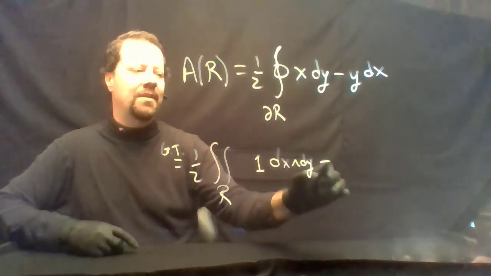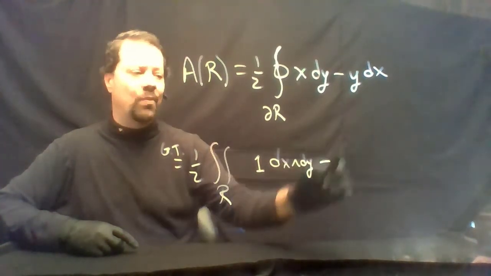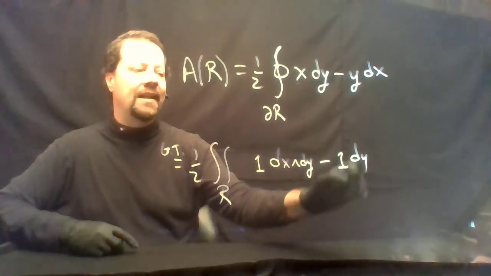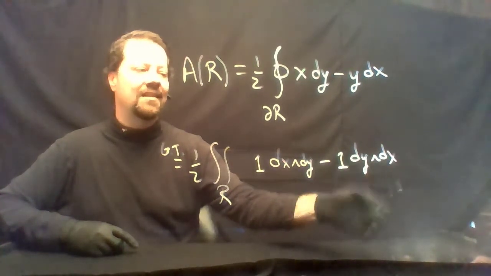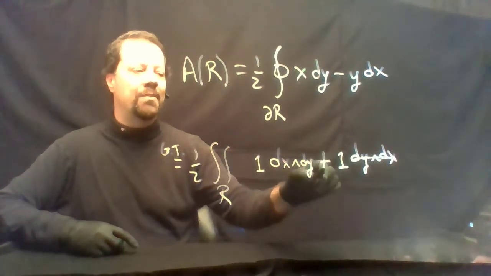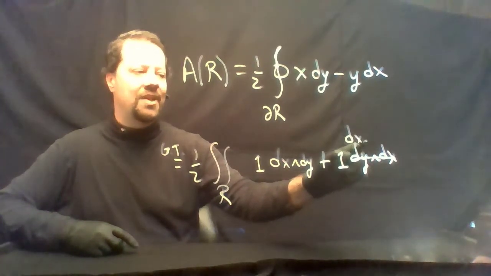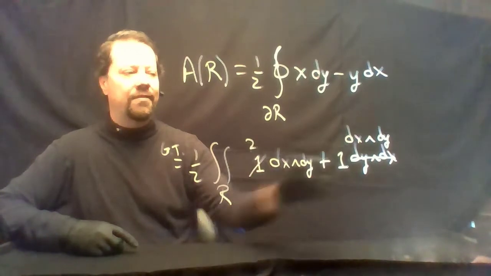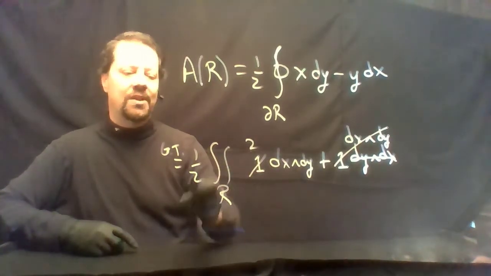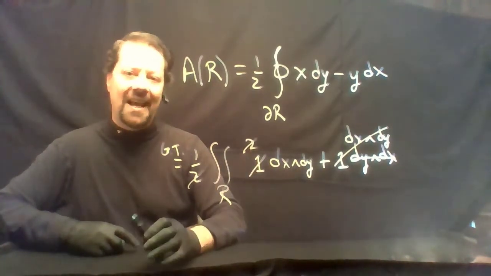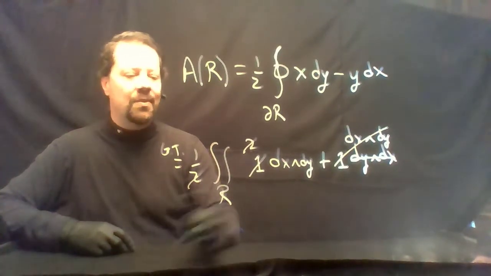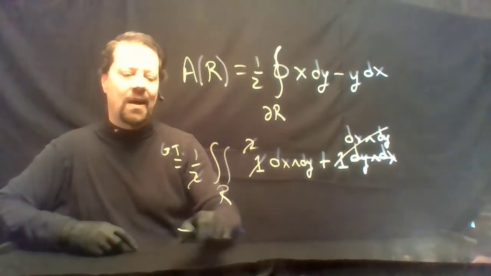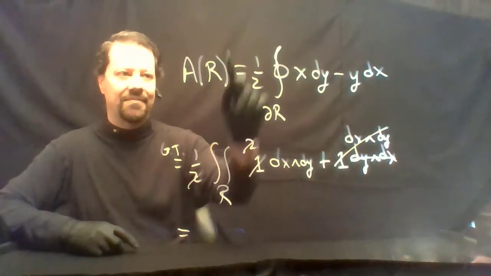On the next term, you have to take the derivative with respect to y, but when you do, you'll get a dy wedge dx. You can reverse the order, but the price you pay is you change the sign. So we end up with 2 of these terms, which cancels with the 1/2 out front. So we're just integrating dx wedge dy, which gives us the area.